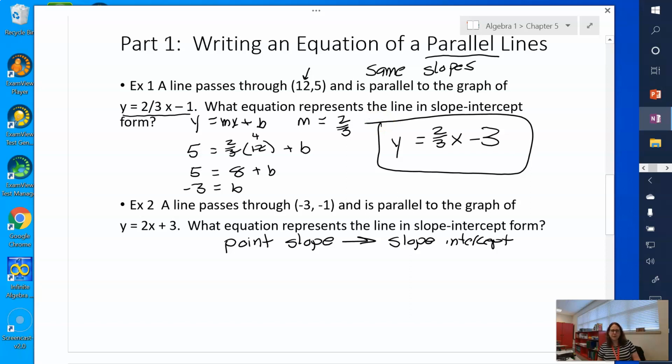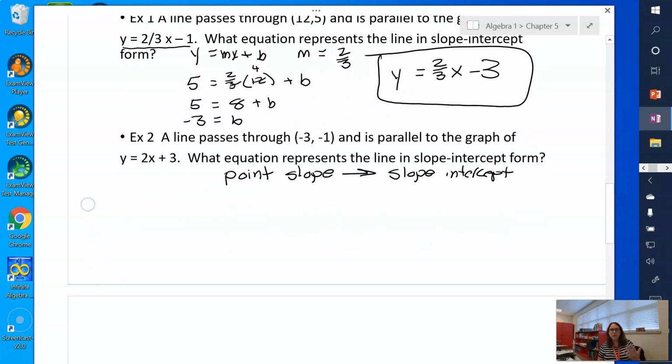So that's your first method. Second method is start in point-slope and then convert to slope-intercept. And right here we have your x and your y. And I know that my slope is going to be parallel, so I'm going to start at y minus y1 equals m times x minus x1. Plug in the -3 and the -1, and plug in that 2 for the slope.